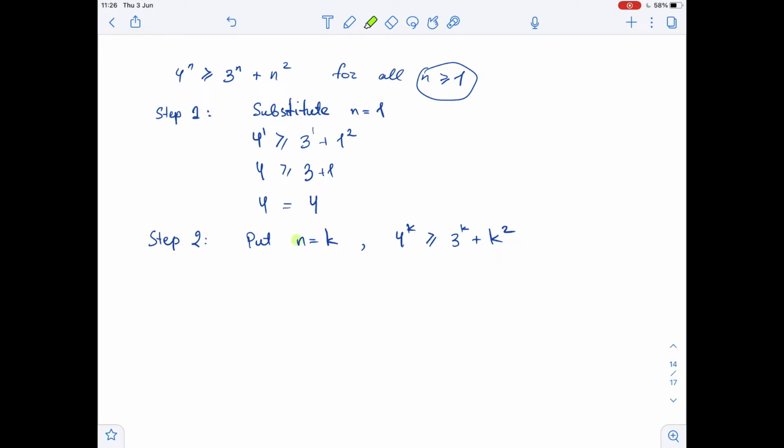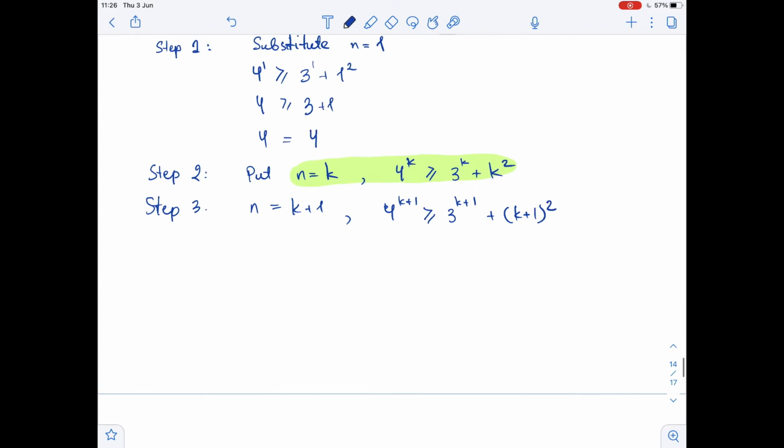Now, knowing that for n equal k this expression is true, we need to prove, so this is step 3, that for n equal k plus 1, the expression 4 to the power of k plus 1 is greater than or equal to 3 to the power of k plus 1 plus k plus 1 squared is also true.